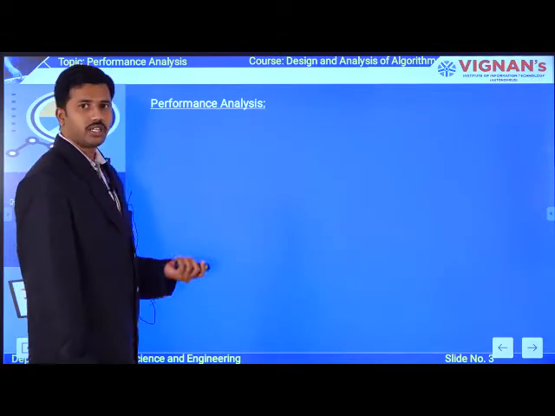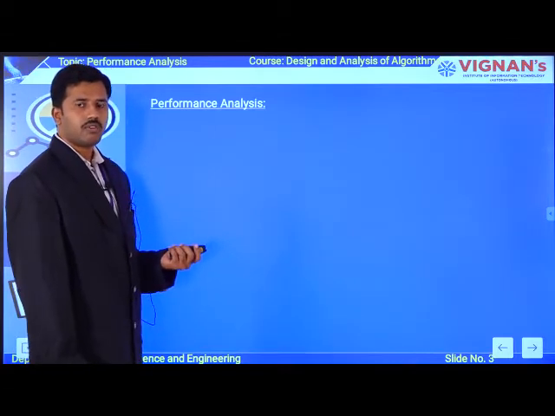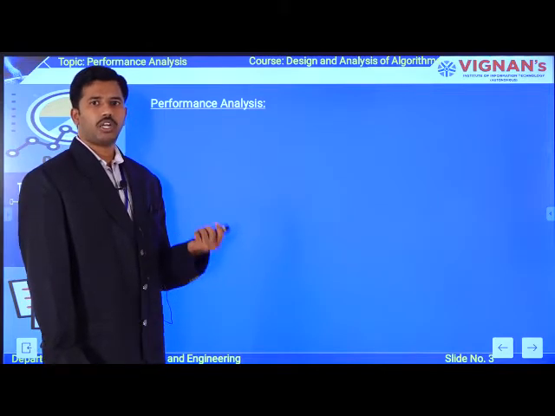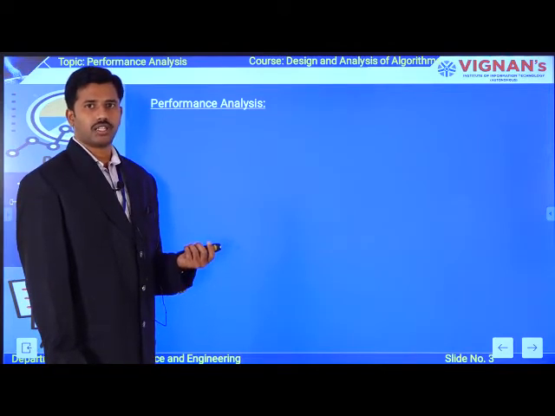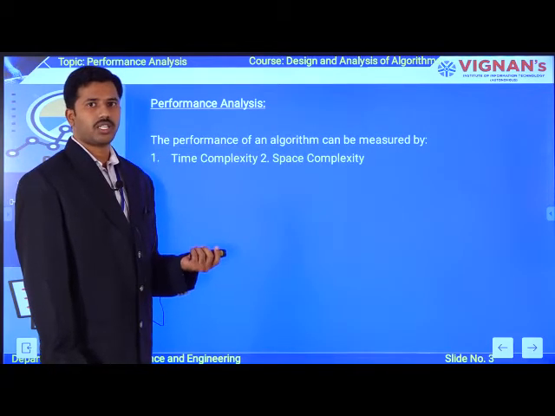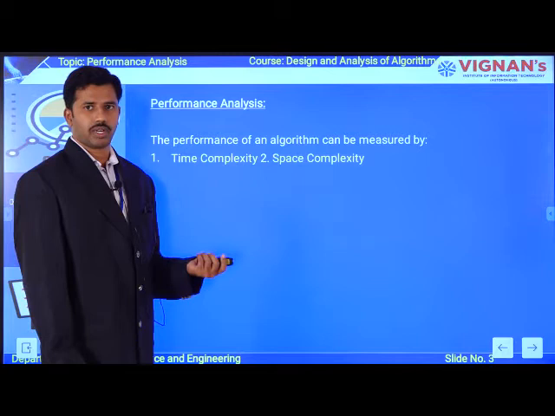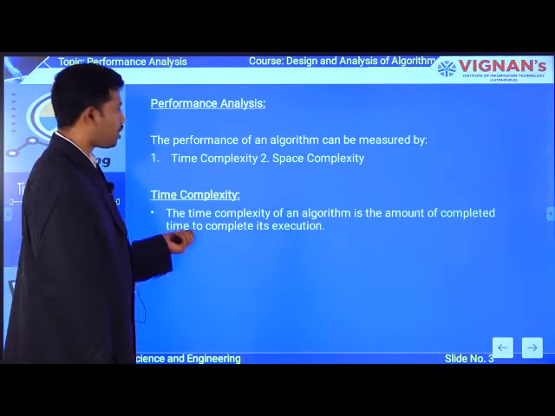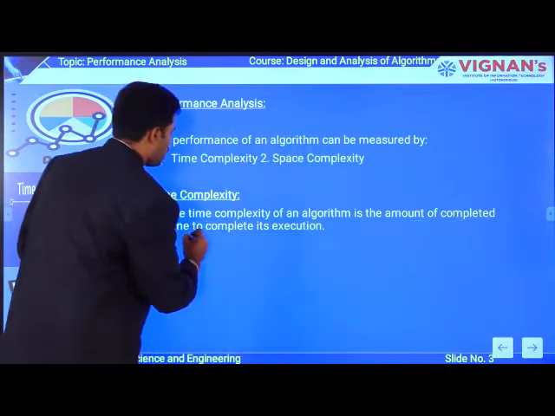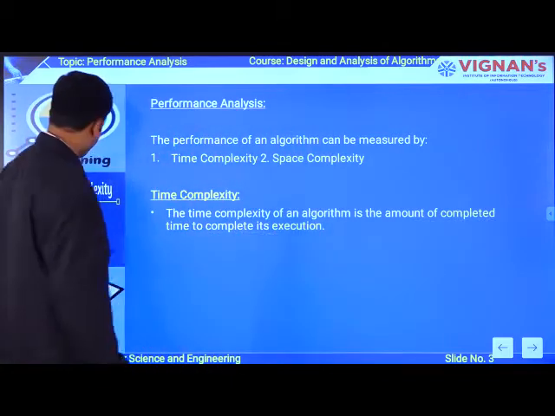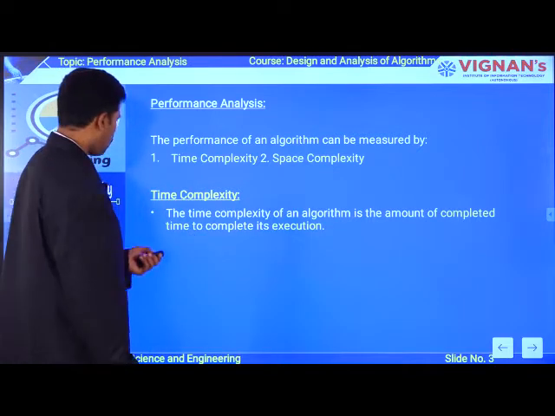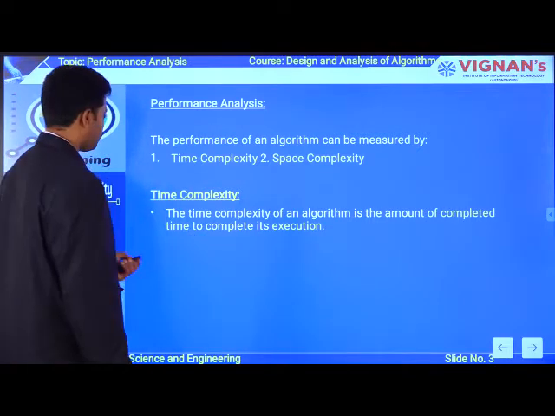Before getting into the step count method, first try to understand in how many ways you can measure the performance of an algorithm, okay? There are two methods available: time complexity as well as space complexity, as I said previously. The time complexity is nothing but the amount of time required to complete its execution, okay?